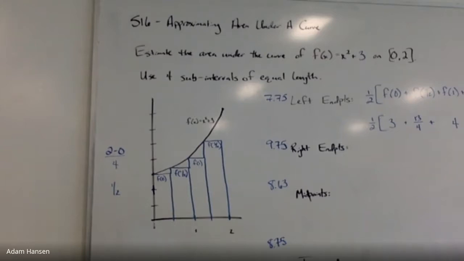Now that I've got that adjusted, would you guys finish up the right endpoints, midpoints, and trapezoids? We'll go over your work here if you had a chance to get the next few started on your own.